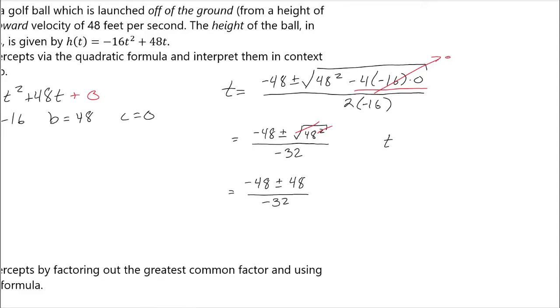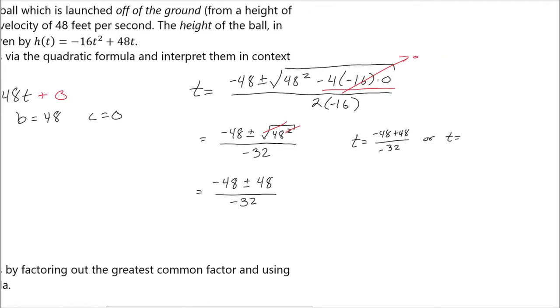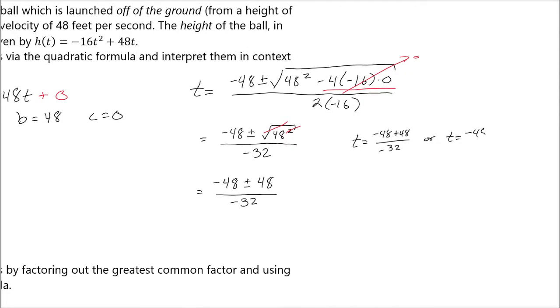So I'll break this up as t equals negative 48 plus 48 over negative 32, or t equals negative 48 minus 48 all over negative 32. For the first one, negative 48 plus 48 is 0 over negative 32, which just equals 0.